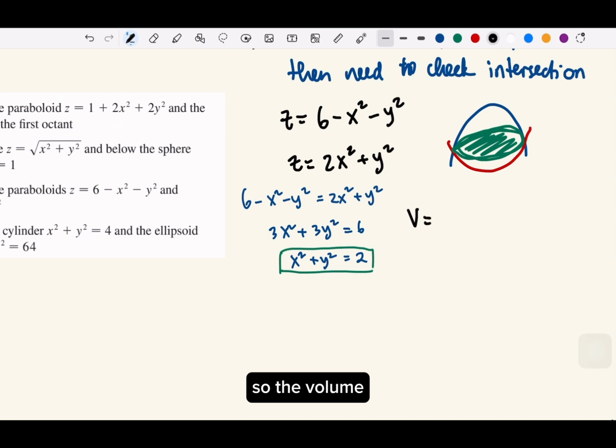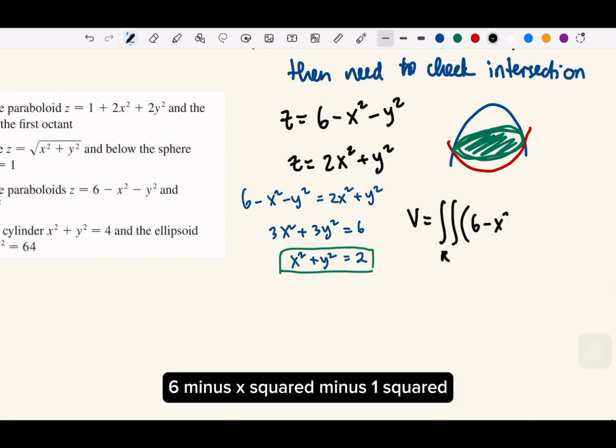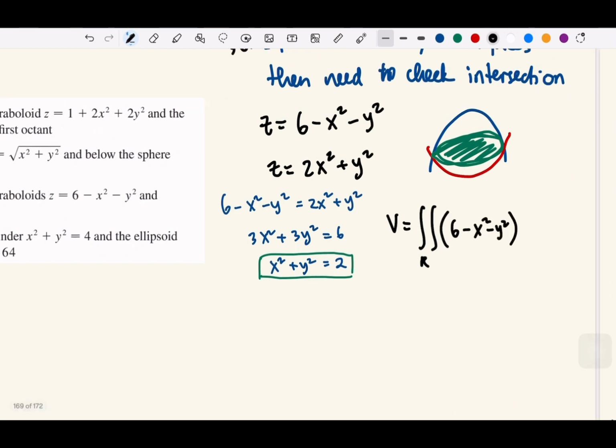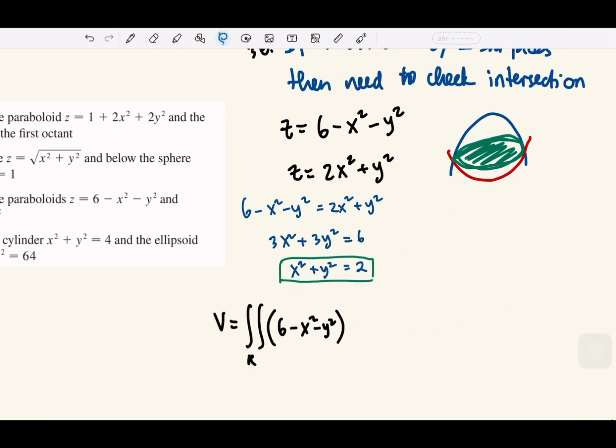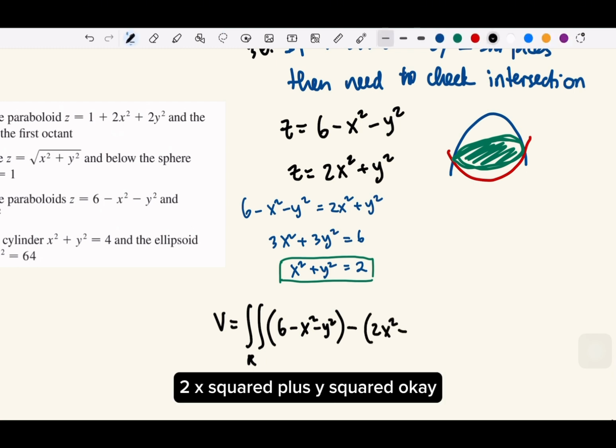So the volume, let's say region R, the volume is 6 minus x squared minus y squared, minus 2 times x squared plus y squared, okay?